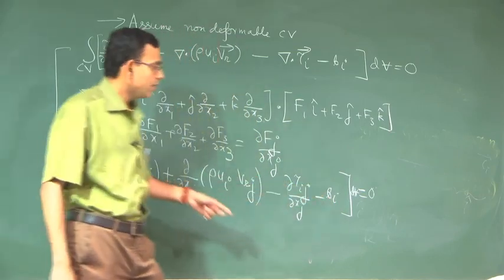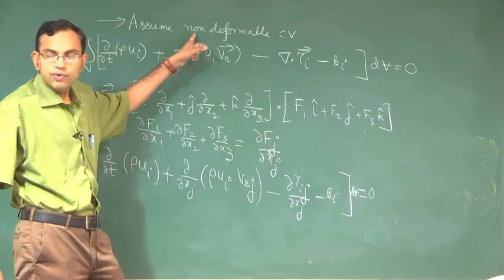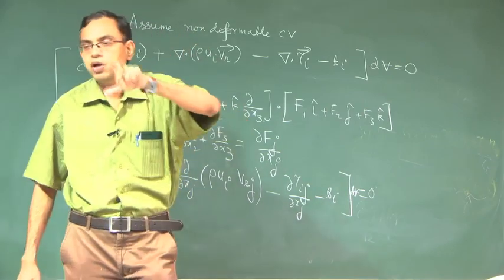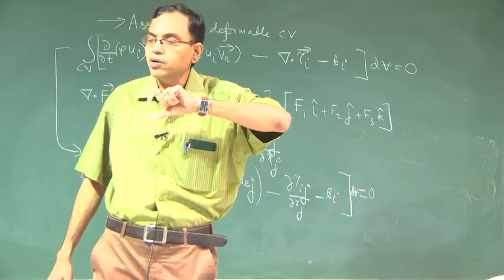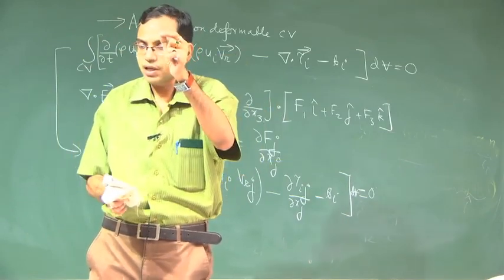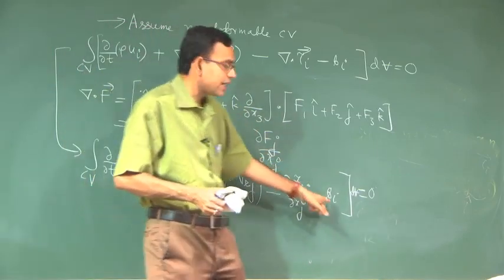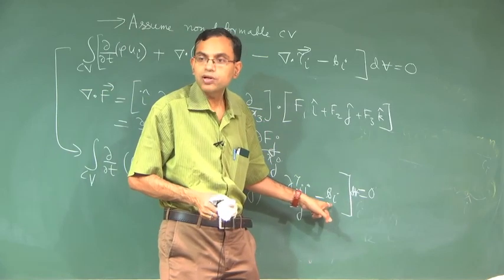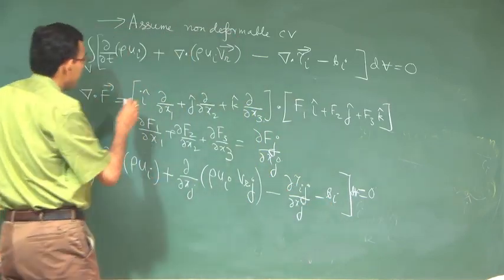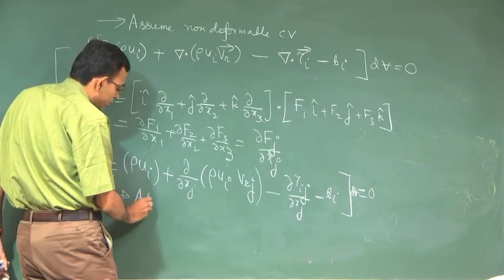So, when we write this equation in a differential form, we ignore this non-deformable control volume aspect, because whether control volume was deformable or non-deformable, that particular history is completely lost when the volume has shrunk to a point, right. But we have to keep in mind that there could be an additional force and that can be dumped in the body force term. So, then finally, we make another assumption, assume stationary control volume.